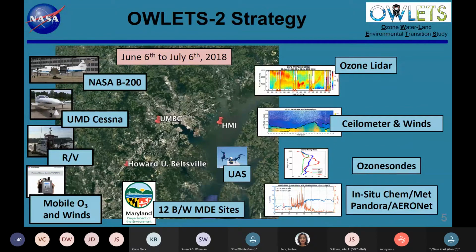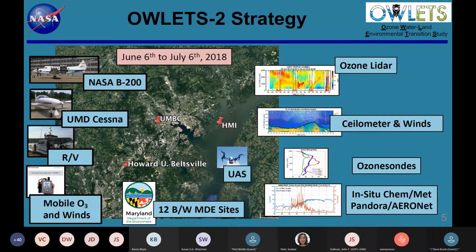So this is a bit of a busy slide. I think that's a good thing because it, in a lot of ways, allows you to visually see how much coordination had to occur to complete this campaign. So you had NASA and MDE coordinating a lot of measurements, as well as our university counterparts at UMBC and Howard University Beltsville, as well as University of Maryland.